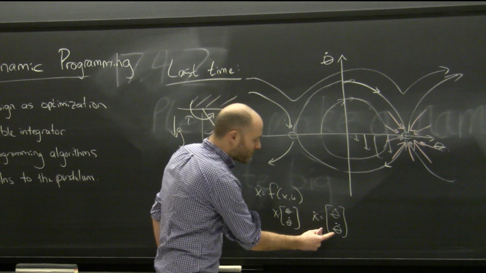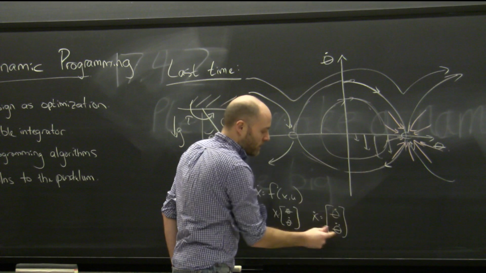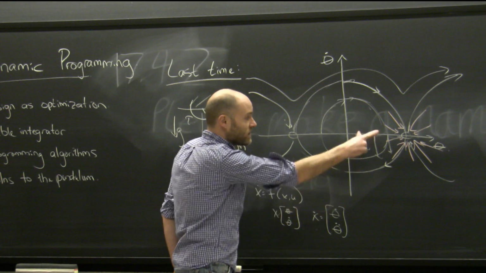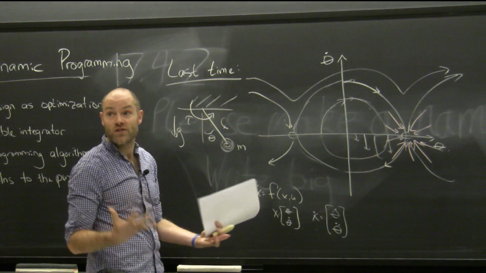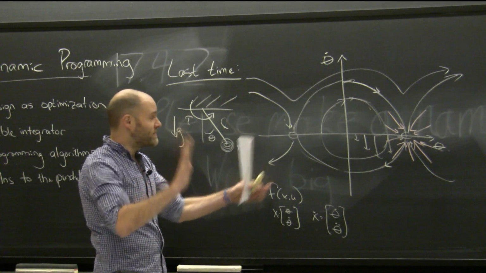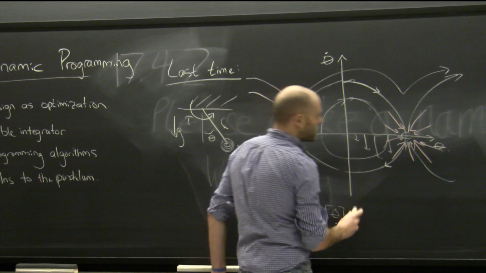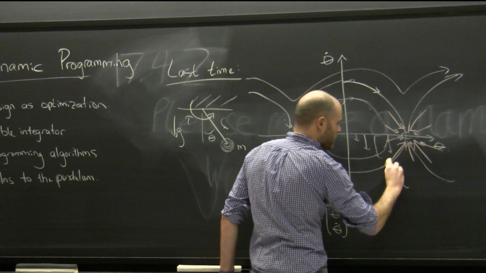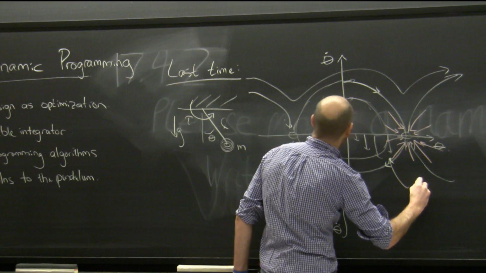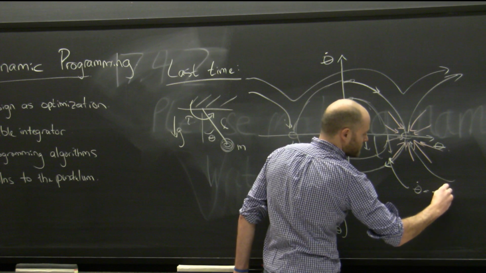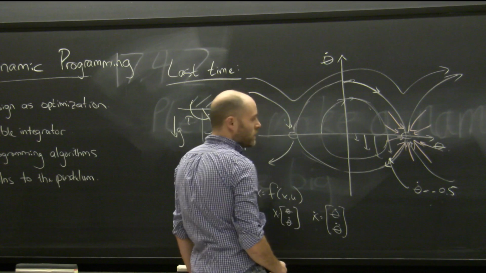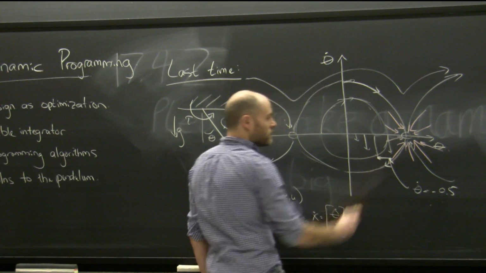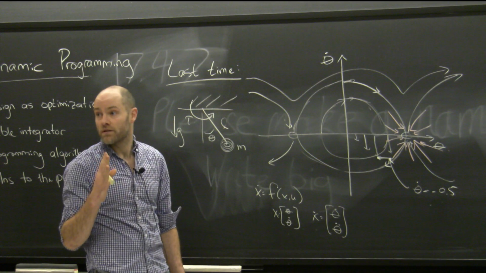Because you have control over only one of the elements of that vector directly. Theta dot is the other element, so it's still a second order system. I don't get to just erase the entire vector field. If I'm in this location, where theta dot is, I don't know, negative 0.5 or something, that means the x component of the vector is going to be here, no matter what your controller is doing.